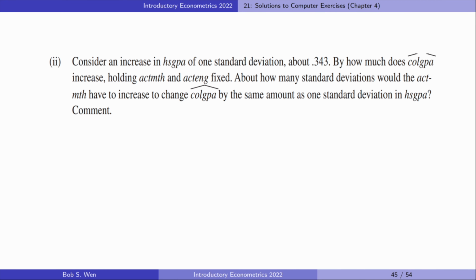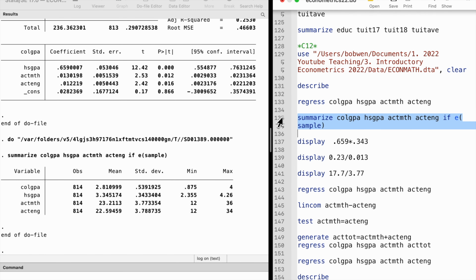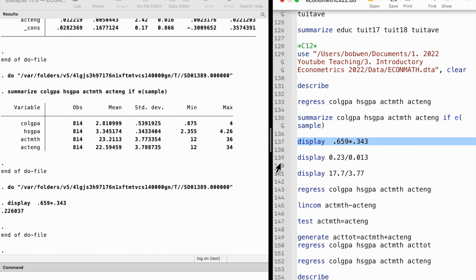In the second part, we type summarize to find information on the variables. The standard deviation of high school GPA is 0.343. An increase in high school GPA of 1 standard deviation is estimated to increase college GPA by 0.23 points, holding SAT Math and English scores fixed.